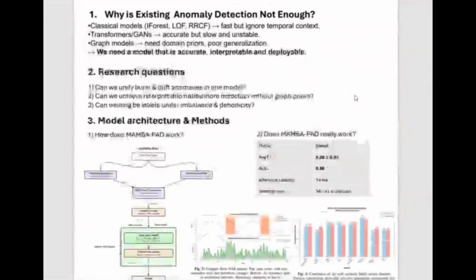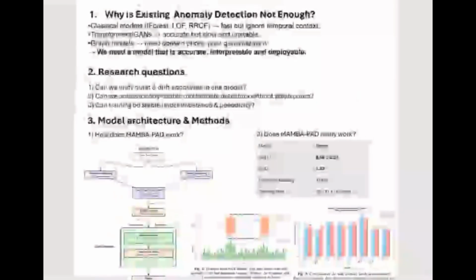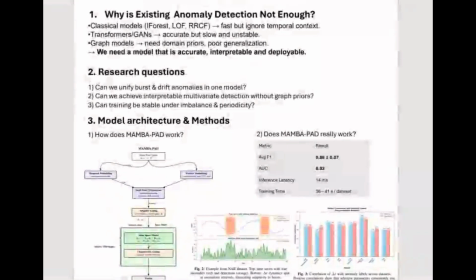Okay, so let's begin. Why is existing anomaly detection not enough? Time series anomaly detection plays a crucial role in safety critical domains such as healthcare, aerospace, and IoT. We need models that can detect abnormal behaviors both accurately and quickly. However, existing approaches each have clear limitations.